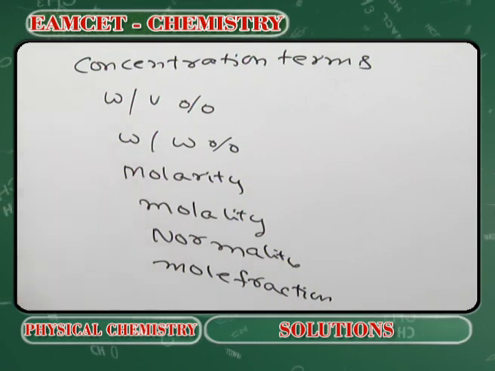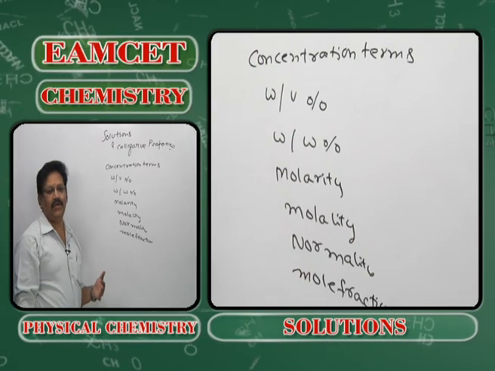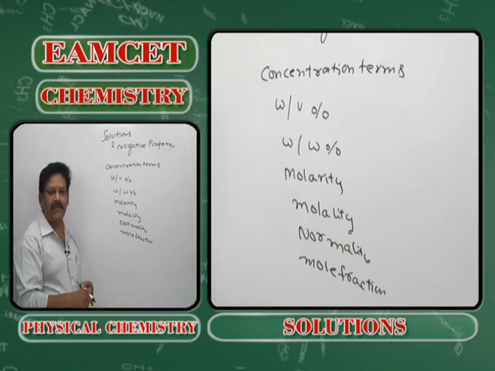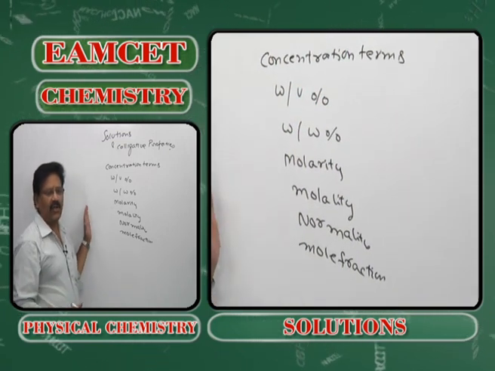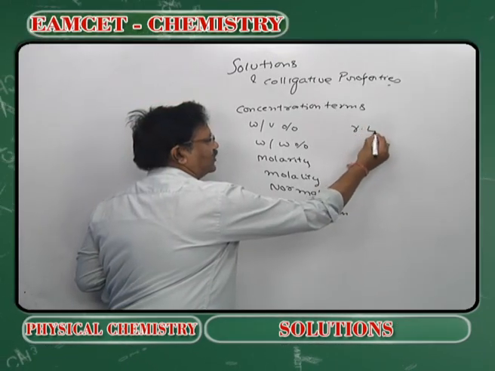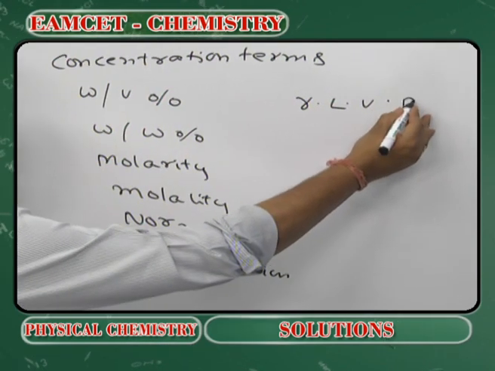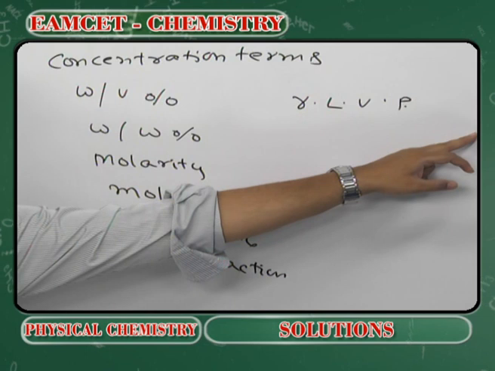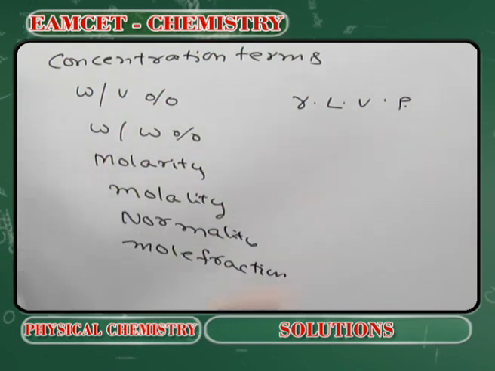And what are the colligative properties? What do you mean by colligative properties? The properties which depend upon the number of the particles are called colligative properties. What are the colligative properties we have under our syllabus? RLVP, relative lowering of vapor pressure, which is related to the Raoult's law of vapor pressure.